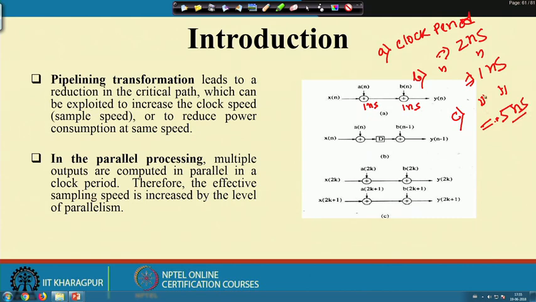So I started with 2 nanosecond, and after employing pipelining along with parallel processing I have come down to 0.5. The speed up is now 2 nanosecond divided by 0.5, which is basically 4. This is the speed up of this particular circuit.